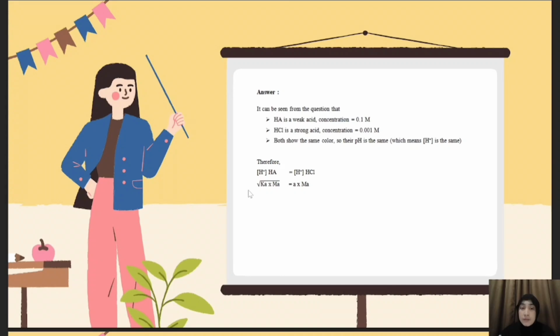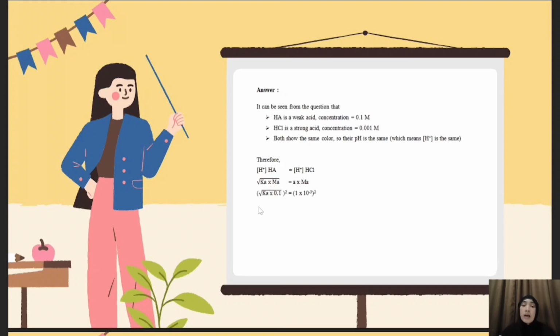Radical Ka times Ma equals a times Ma. Next, radical Ka times 0.1 squared equals 1 times 10^-3 squared.